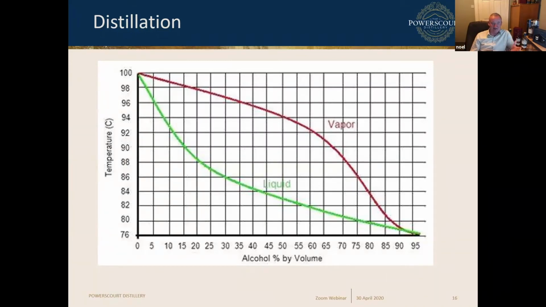As I said, it starts off maybe at 40–50% alcohol and drops steadily down to zero. So when you get your initial distillation done, you have a tank with around 21% alcohol. That's the combination of both the strong and the weak, and that's how you end up with your low wines at 20% alcohol, even though you've distilled it once. So just to explain why and how that happens.